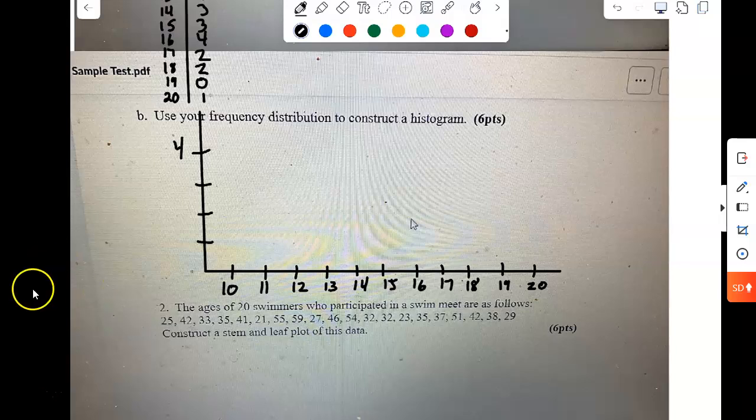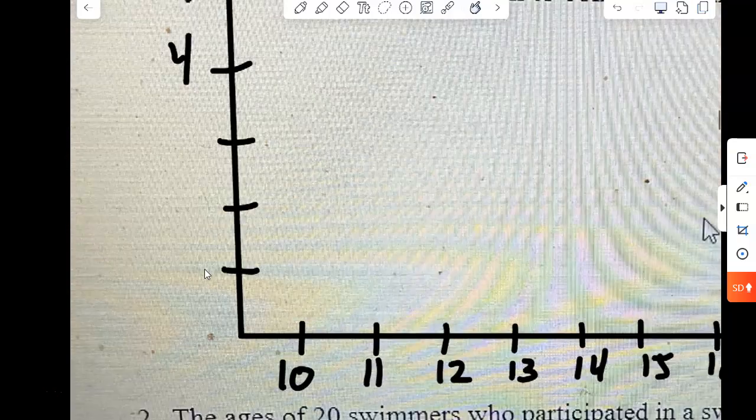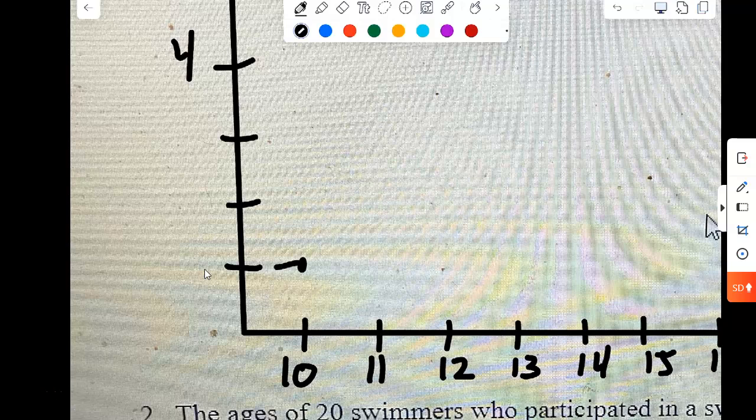And remember, to do the frequency distribution, or if you were doing a frequency polygon, you would just take each data value and go up to its height. So 10 occurs one time, so we would just come up 1, and we would mark that with our bar, and again we're going halfway between 10 and 11.